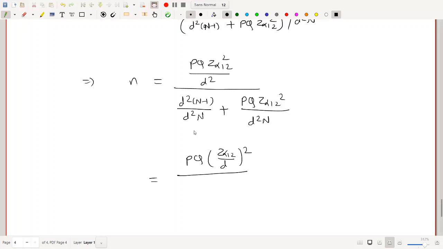whole divided by, here d square gets cancelled, I can write this as 1 minus 1 upon N plus I can take 1 upon N common from this one, so this will be 1 upon N into, in bracket it will be PQ into (z alpha by 2 by d) square.